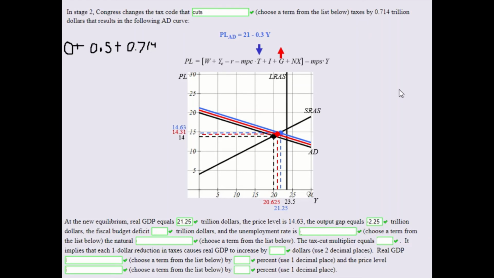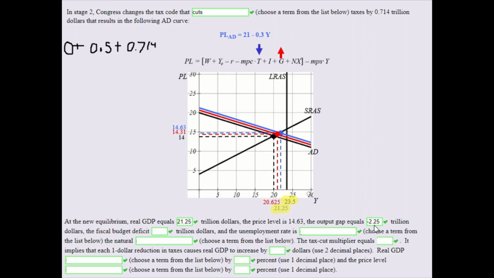Okay, so the output gap is this new GDP level subtracted from potential. Potential is this vertical black line. This new GDP level is this blue dashed line. So you take that difference and you get a negative 2.25.